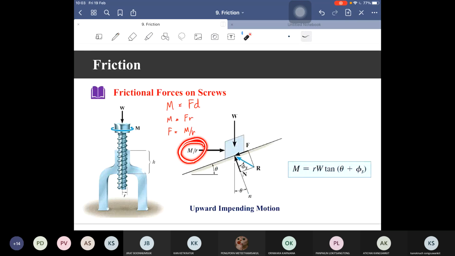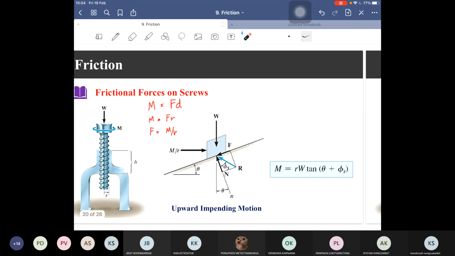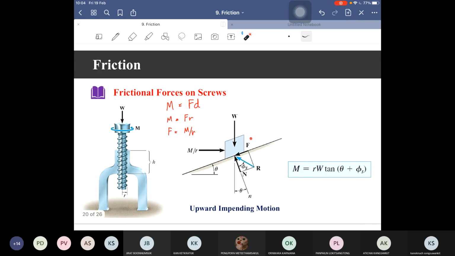Okay, so we have this force acting on the screw. For this part, the frictional force and normal force can be used to form one resultant force R, right?